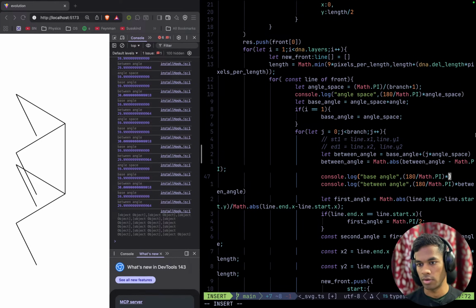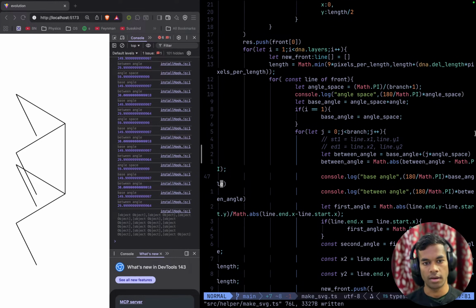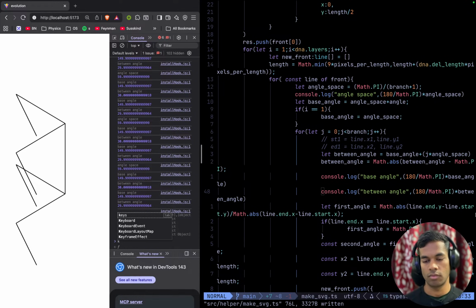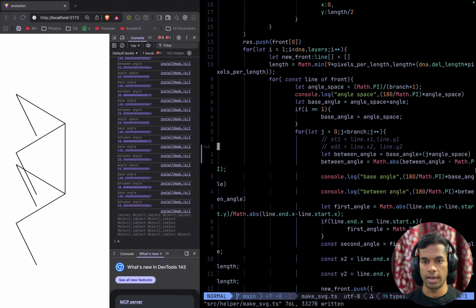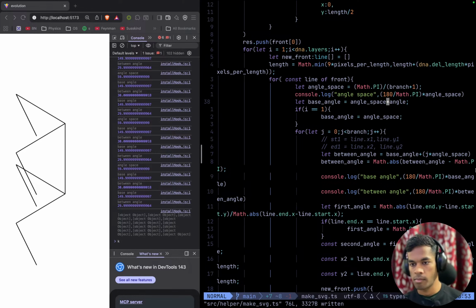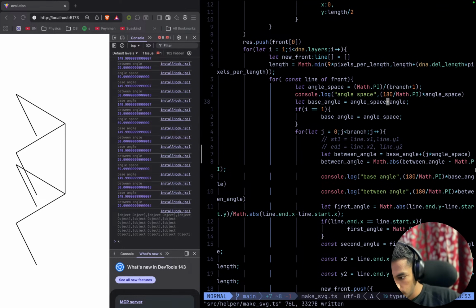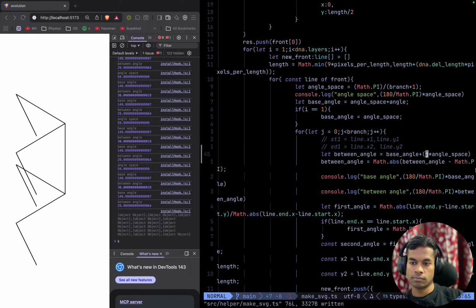Base angle is somewhere into base angle, and we see that base angle is 150 degrees. Okay, which is being defined here. j equals 1, angle space, base angle increases.